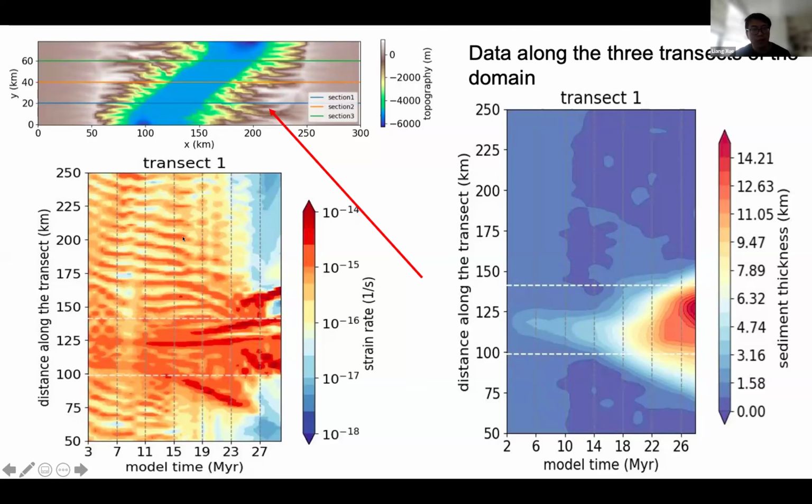And also, this is a map plot of the strain rate. We can also see how the strain rate changes through time. With that, we can compare the difference between the two scenarios along the three transects, the high and the low precipitation cases. So let's look at that.